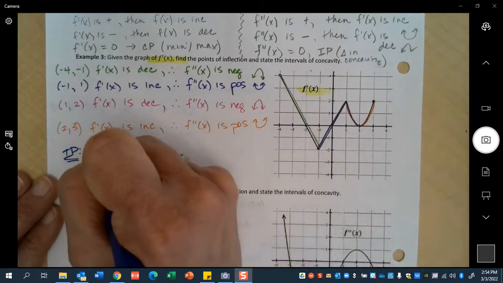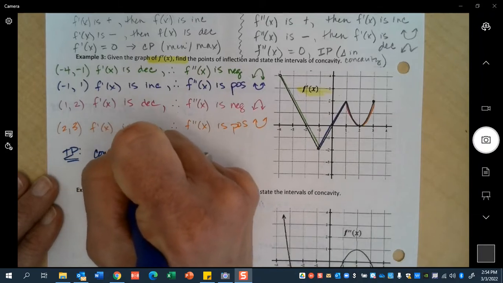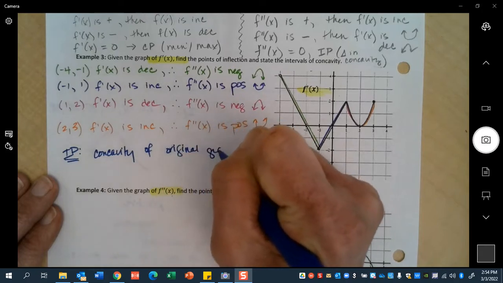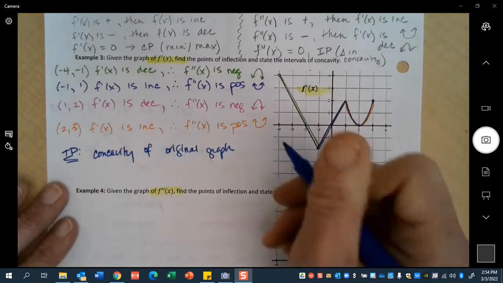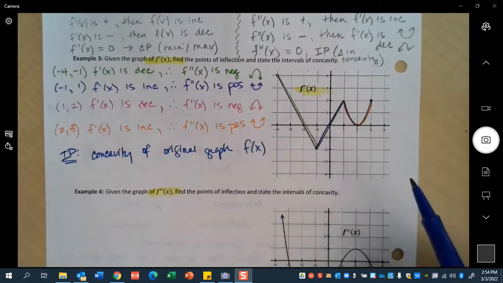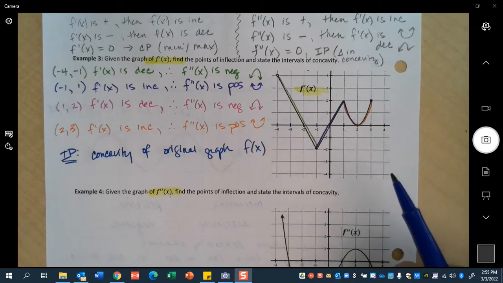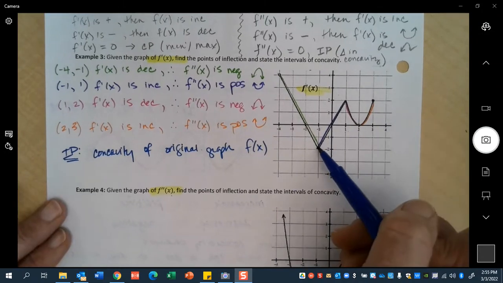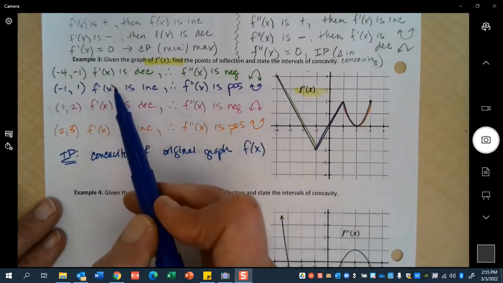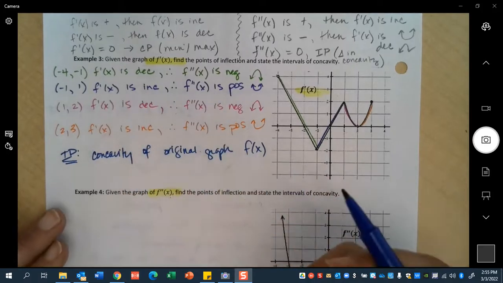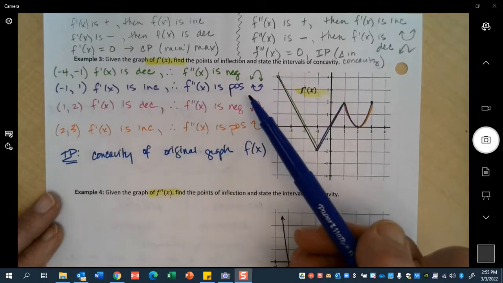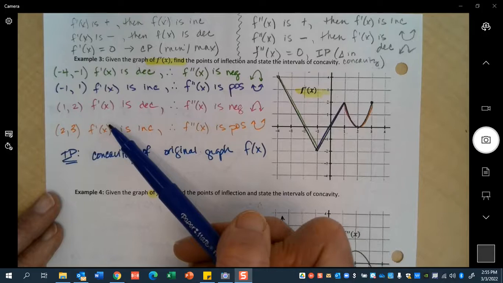The concavity of my original graph, f of x, is going to change at the points where my first derivative goes from increasing to decreasing, concave up, concave down.